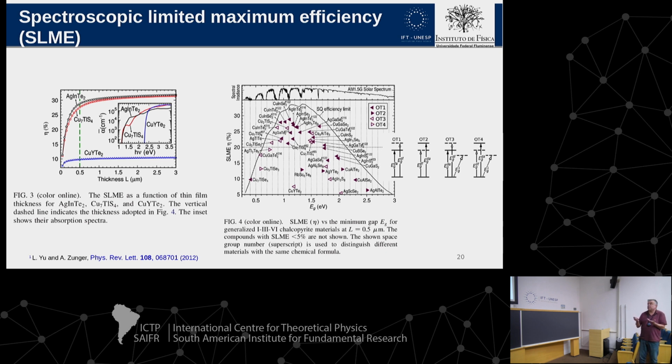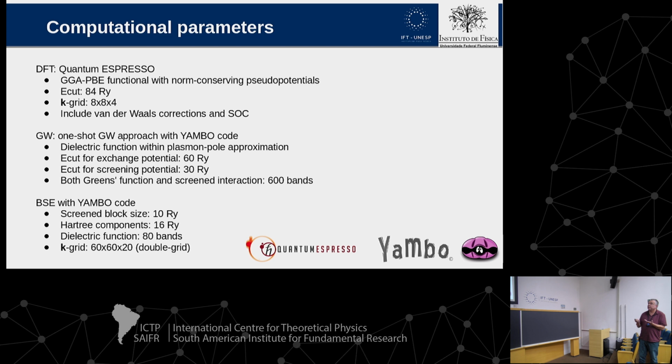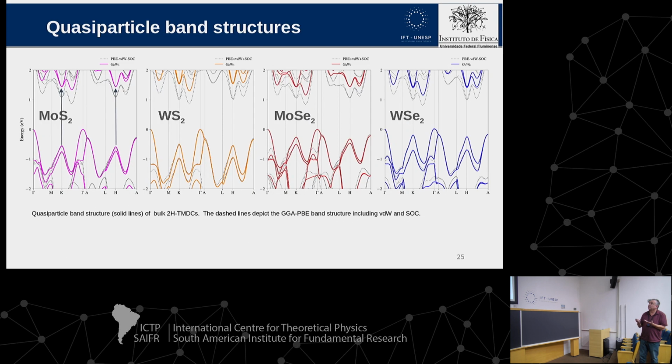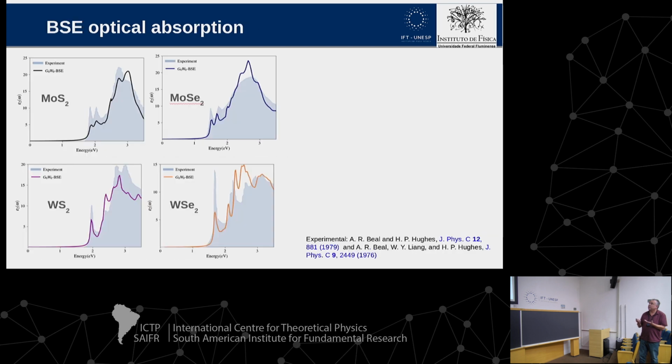So what can happen is that when you create excitons in these regions, and this is the case here and here, you increase the absorption.